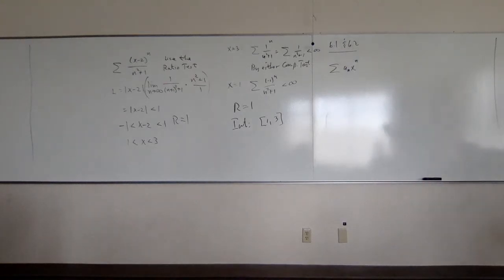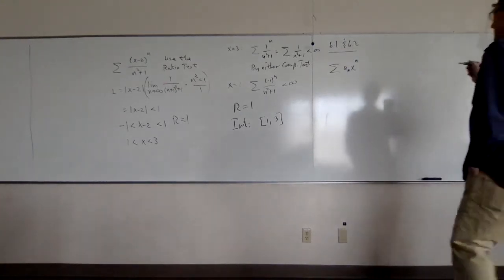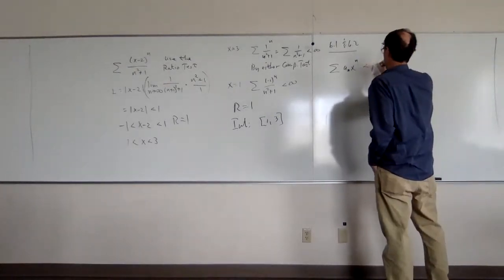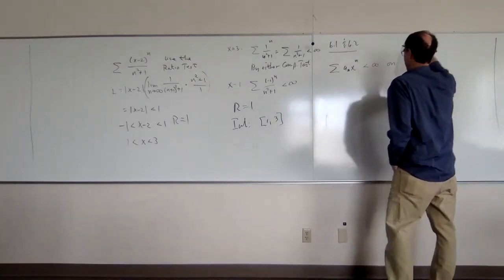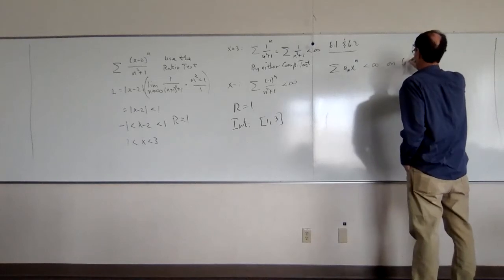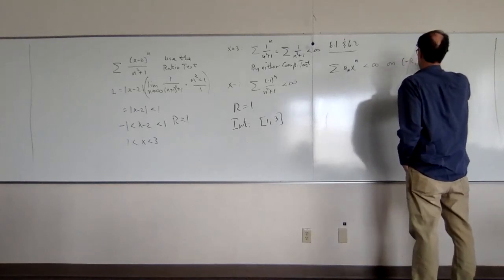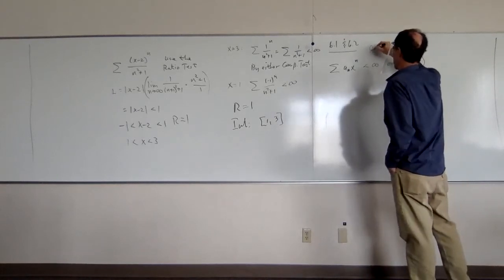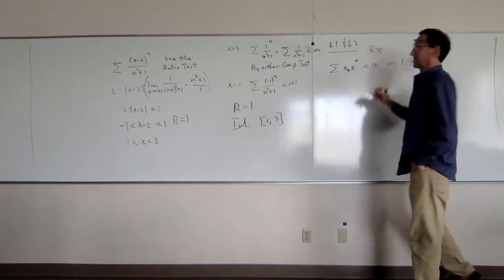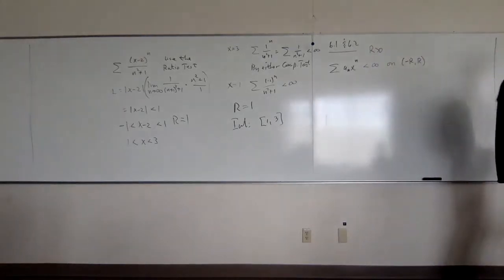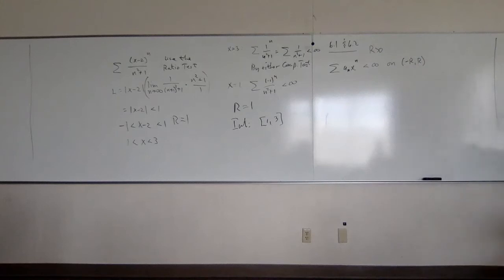It has an interval. It converges, it's finite on an interval like minus r to r. And for discussion, let's assume that r is a positive number. The ones where r is 0 are not very interesting series. And it could be infinity, and that's okay with us as well.